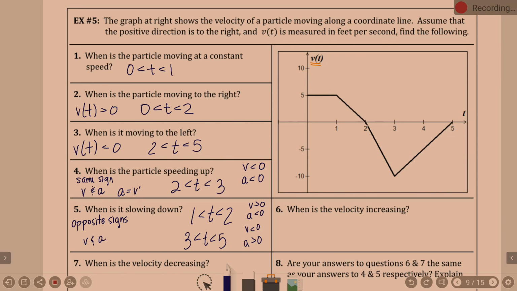When it's speeding up? It's not about speeding up or slowing down here. When both sides are the same, right? Where was that chart that we... It doesn't have to do with speeding up or slowing down because this is just velocity increasing, which is not the same question as speeding up. If velocity is increasing, we're looking for what kind of slope here?